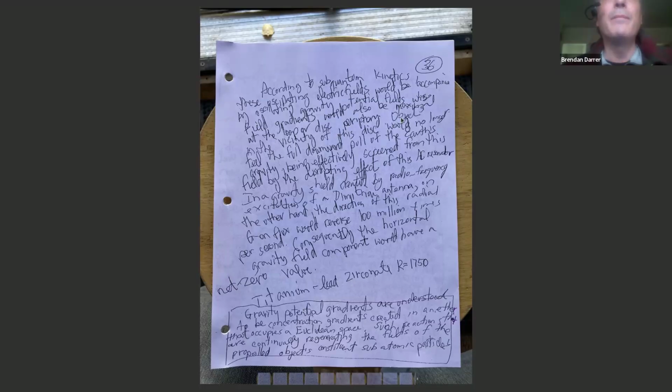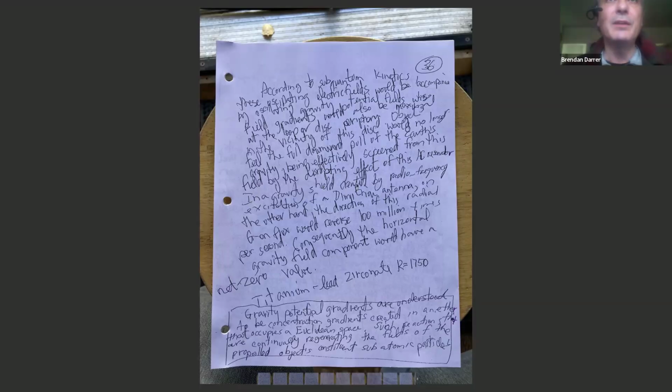An object in the vicinity of this disk would no longer feel the full downward pull of Earth's gravity, being effectively screened from this field by the disrupting effect of this AC resonator.